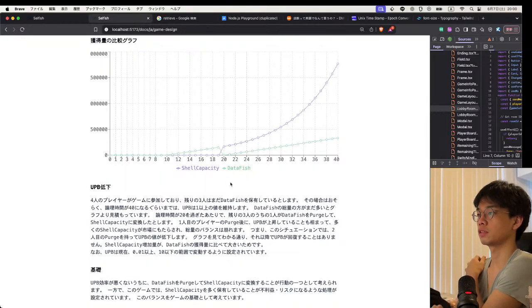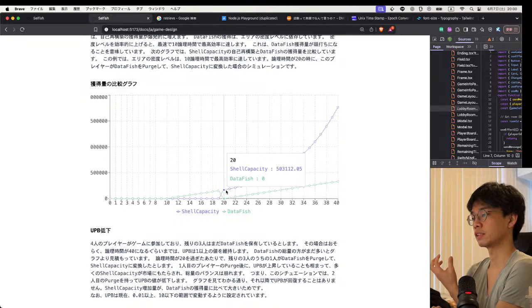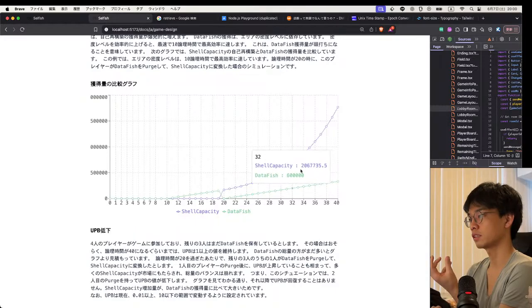And next, if another player, one of the remaining 3 players, exchanges parsed data fish to shell capacity like this.